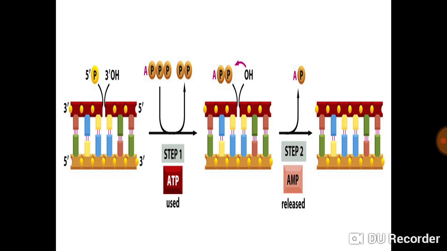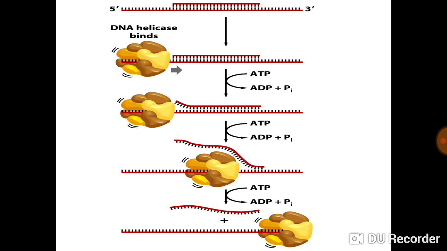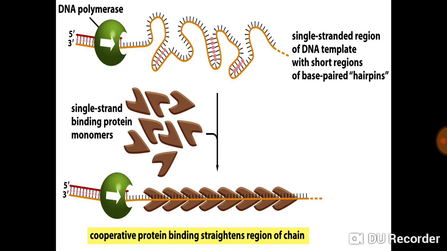The resulting small Okazaki fragments can contain 1000 to 2000 bases in bacteria. But eukaryotes, organisms having cells with nuclei, have fragments of only 100 to 200 bases.